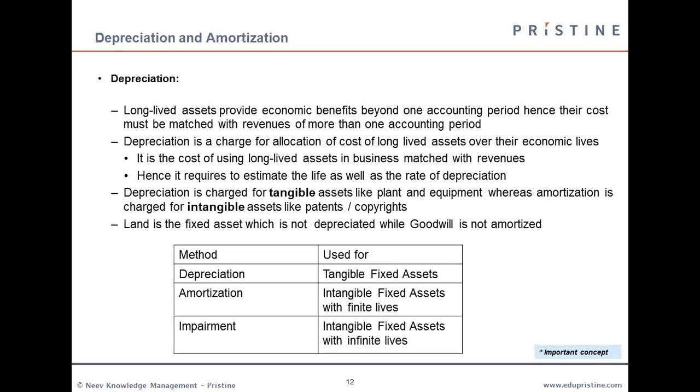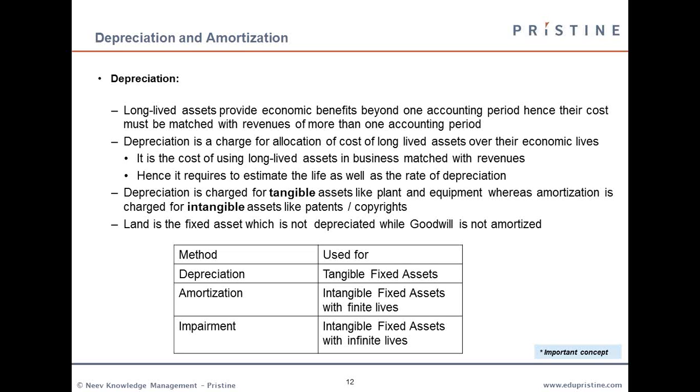The difference between depreciation and amortization is that depreciation we use for tangible fixed assets, say plant, equipment, machine, and amortization is used for intangible fixed assets. The examples are patents and copyrights, where with patents you basically have them for some specific duration.